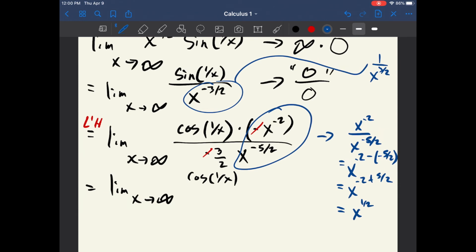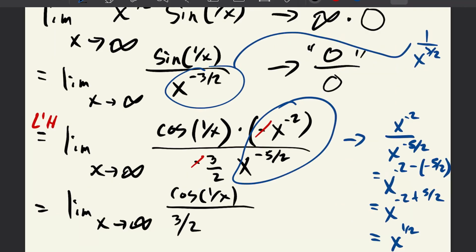Okay? So then over here, if we go back to the original problem, we have this divided by, so we still have this 3 over 2 in here. And then we have this x to the 1/2. We'll put it in the numerator here, right? Because that's a positive power, x to the positive 1/2.